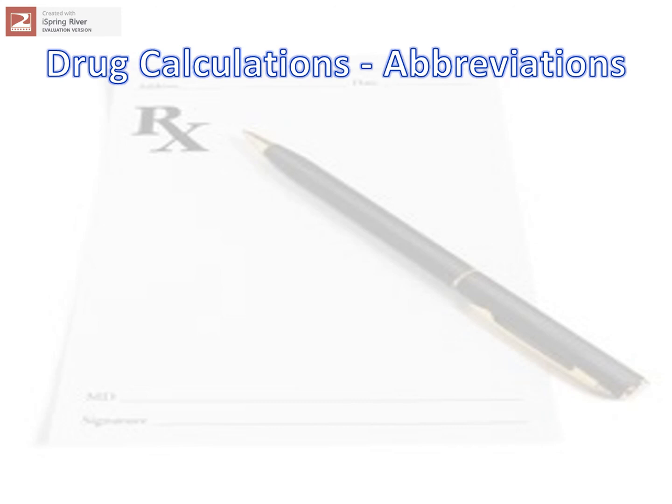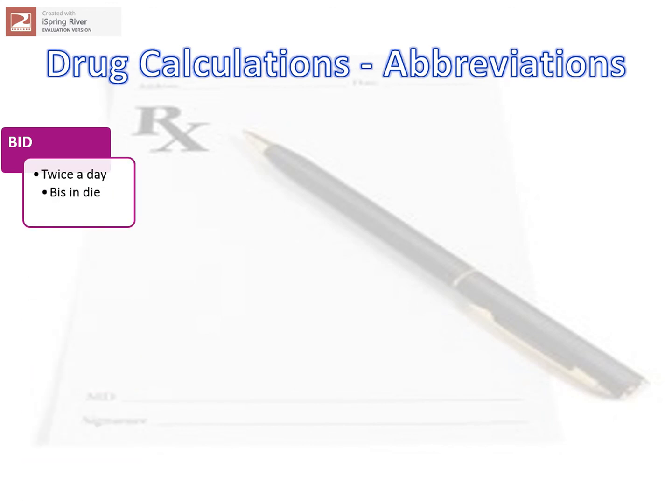If it confuses you more, please ignore it. It's just extra information for those who are interested. Okay? So BID is twice a day, and it comes from the Latin bis in die, which is two times in a day. Bis means 2.